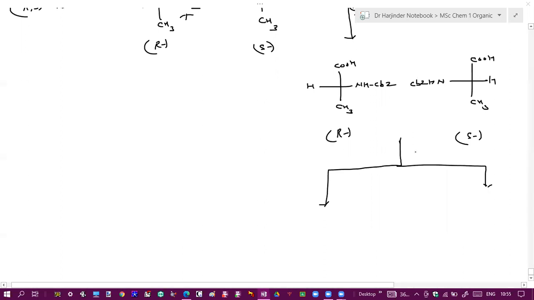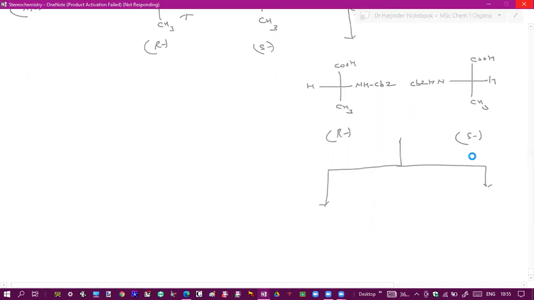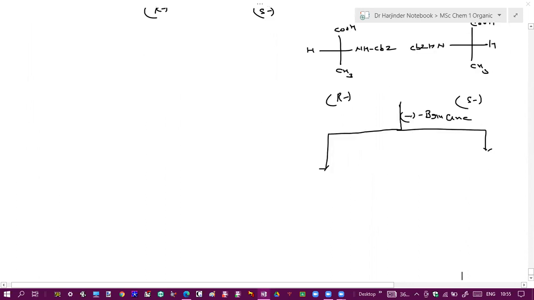Let us use negative brucine, the same one we used earlier. So when you use negative brucine, this brucine will react with the carboxyl group and take the H plus ion to give diastereoisomers. So you will get a mixture of two diastereoisomers, one is R minus and the other S minus.